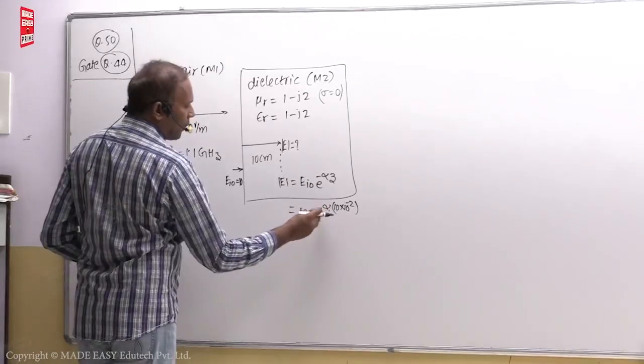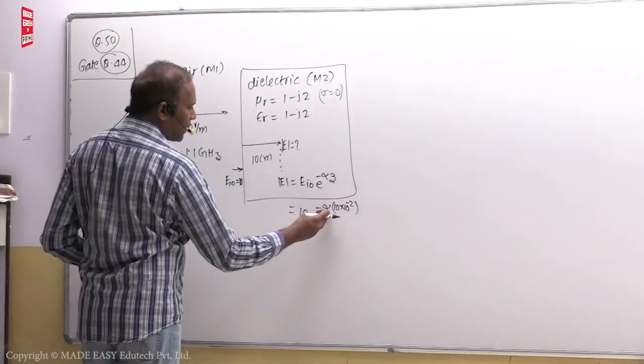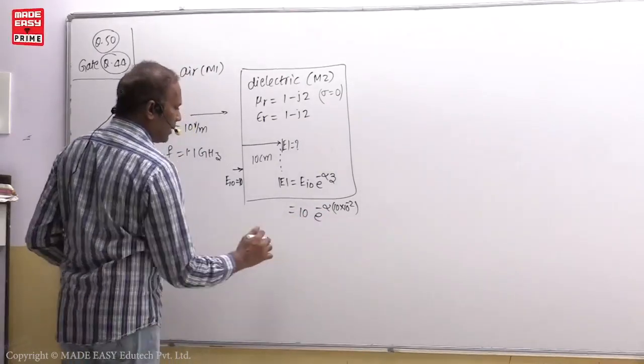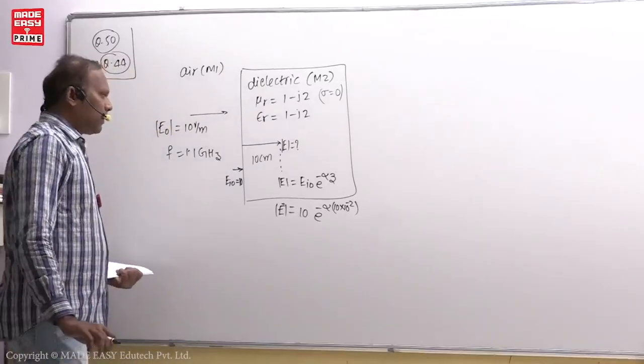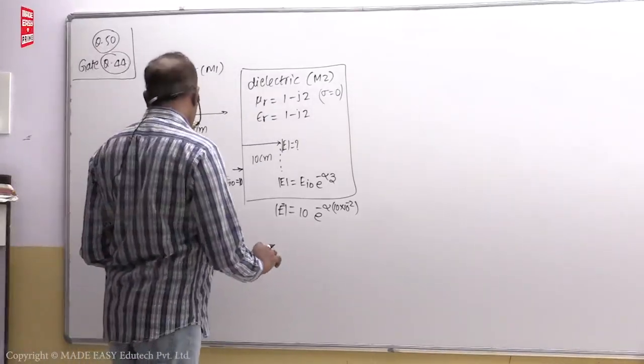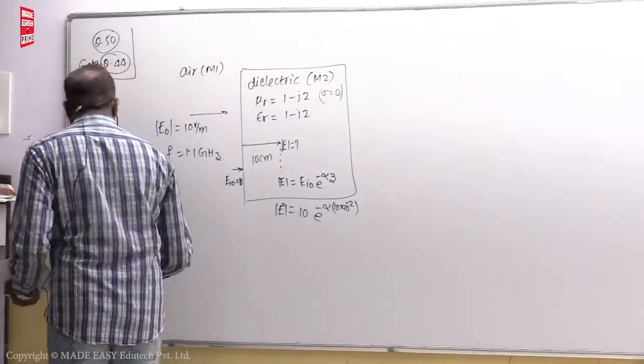Now you have to find alpha. If alpha is 0, then here 10 is there. But if alpha is not 0, you have to calculate that value. So now I am talking about the alpha value.